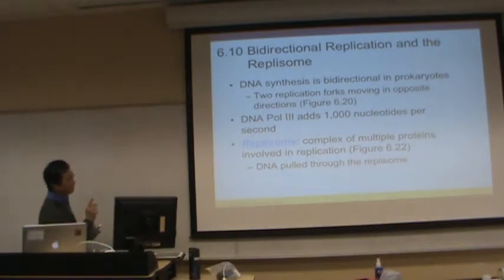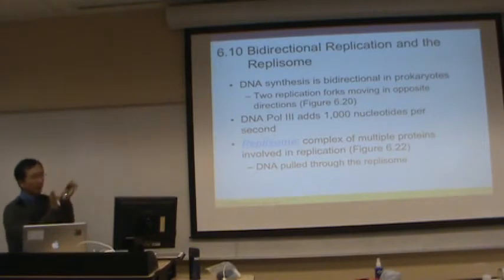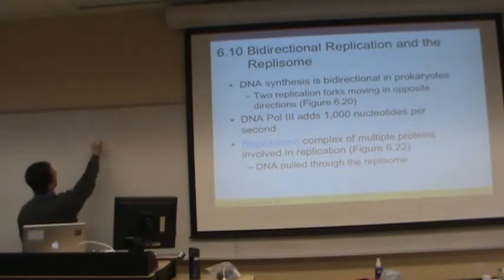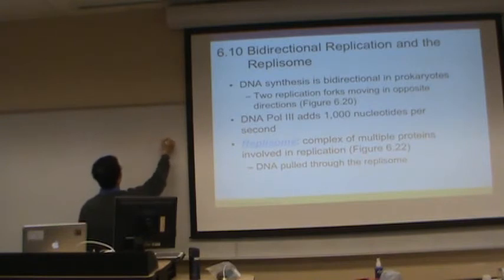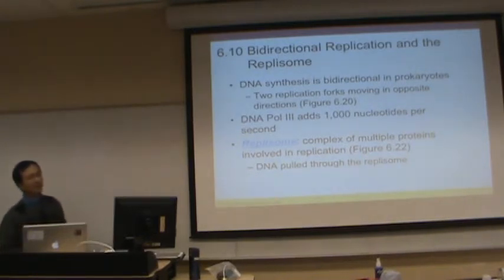In reality, there are two strands, but both strands are synthesized, and let's assume they are at the same time. So, how long is that? 5,000 seconds. How many minutes is that?